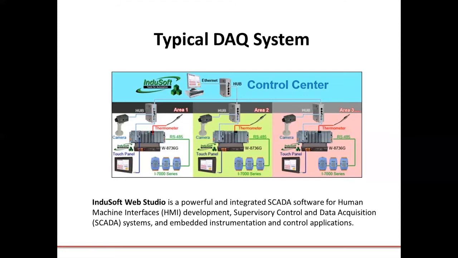Let's see, with this system, at the top is shown the PC connected to just a simple Ethernet switch, and it connects with data acquisition modules shown in 3 different areas. Each area contains devices which connect to sensors.